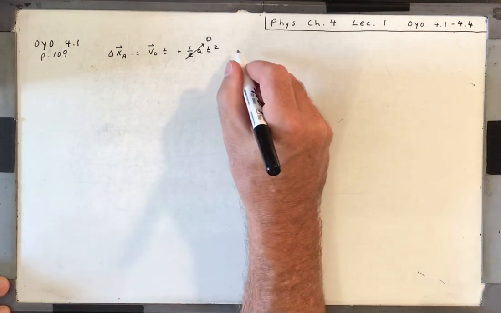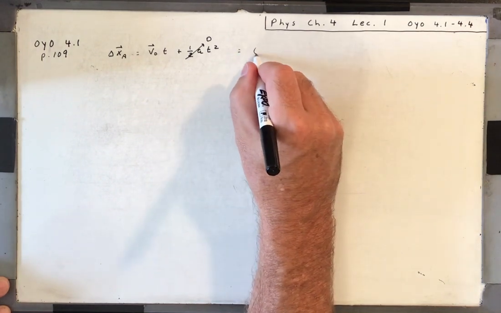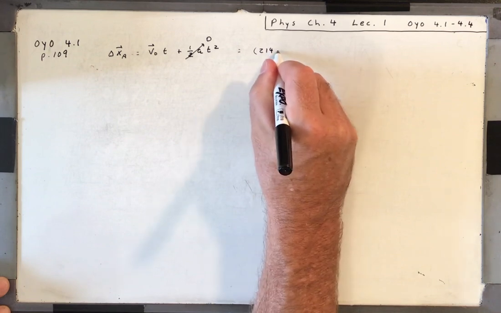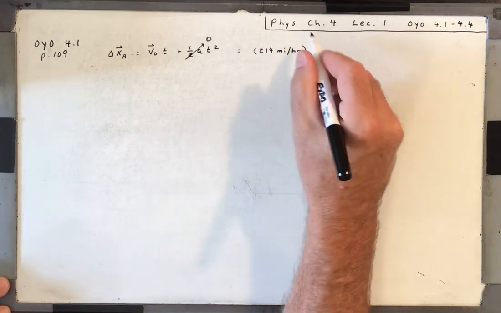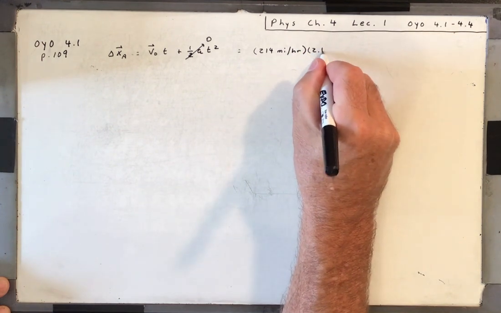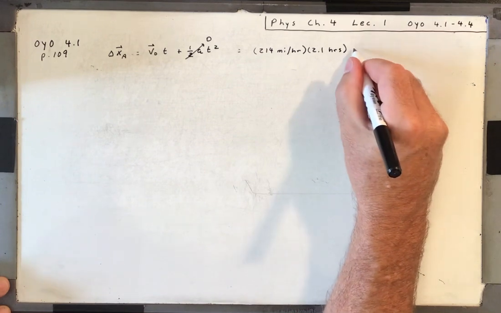There's no acceleration. So it's just the initial velocity times time. That's 214 miles per hour times 2.1 hours. That's 449.4 miles.